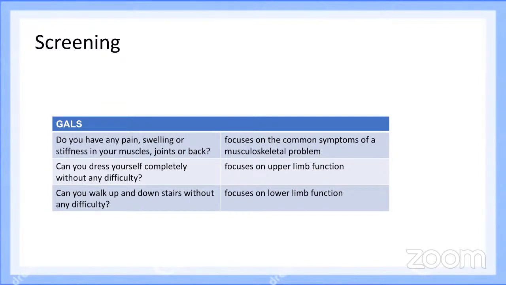Some of the questions with the rationales behind them when starting off the history can be as follows: asking for pain, swelling or stiffness in the muscles and joints, and finding out if they can dress themselves completely or walk up and down stairs, which can focus on whether it's a musculoskeletal problem, and whether it's the upper limb or lower limb.